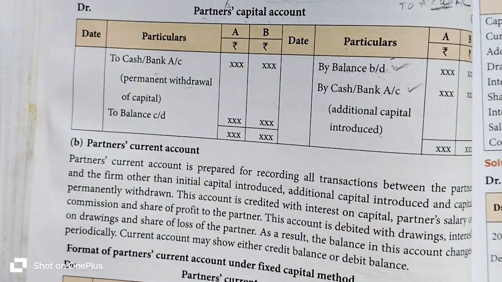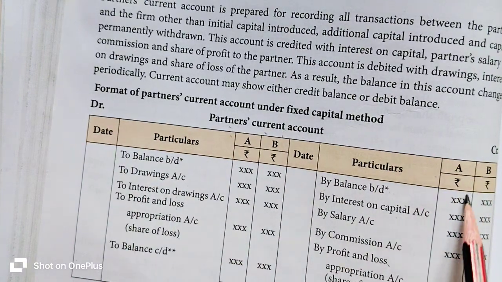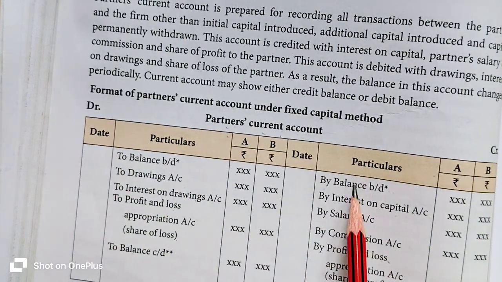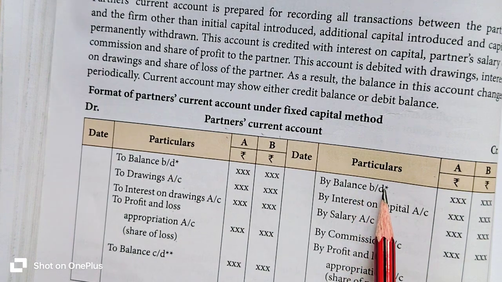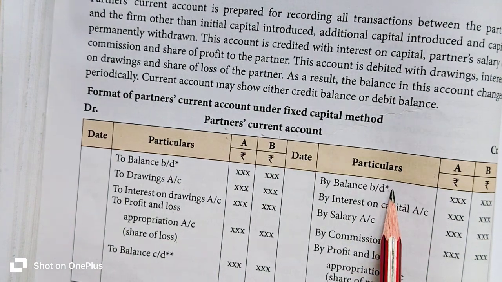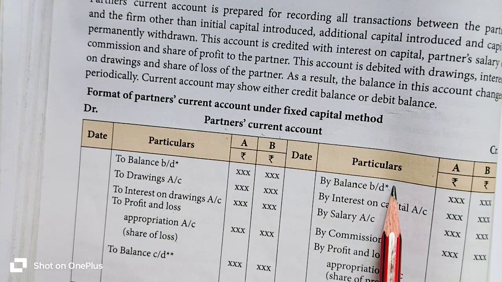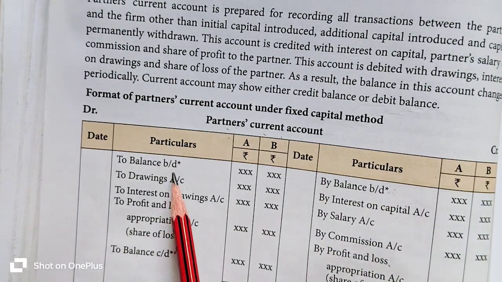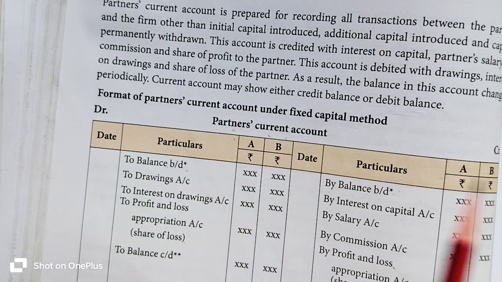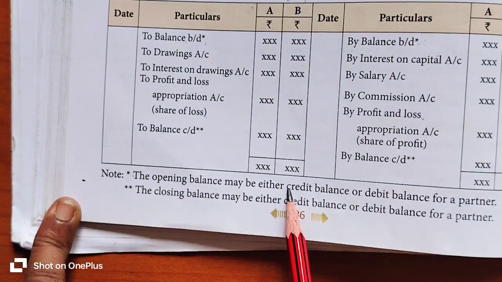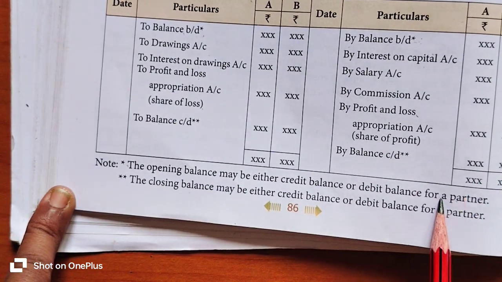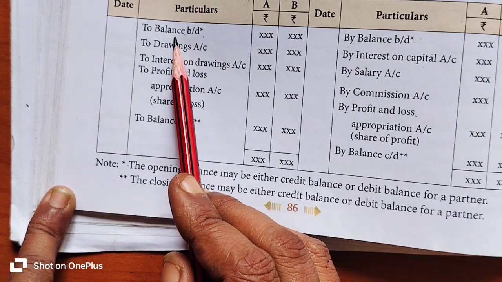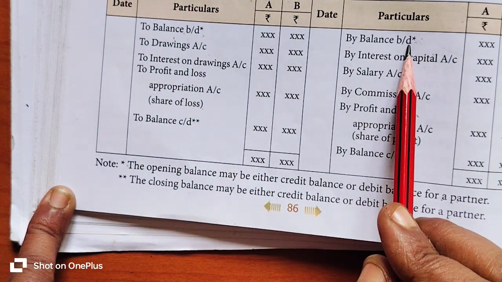On the credit side, if they have given the opening balance of the current account as a credit balance, you enter it on the credit side. If they have given the opening balance of the current account as a debit balance, you enter it on the debit side. The opening balance may be either a credit balance or a debit balance for the partner.